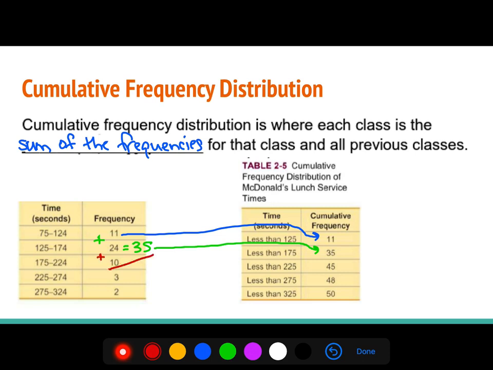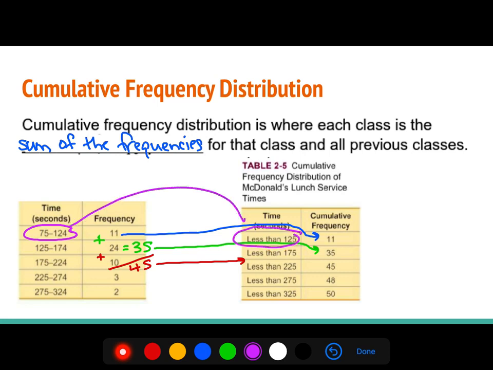Now 11 plus 24 is 35, and look, that's the next number. And then 35 plus 10 is 45. It's the next one. Add 3, you should get 48. Add 2, you get all 50. So you're adding all the classes above its frequencies together. That's cumulative because it's adding up, accumulating all your frequencies.